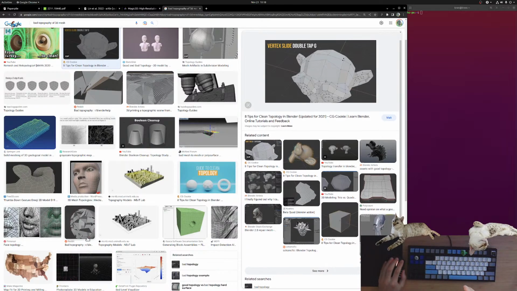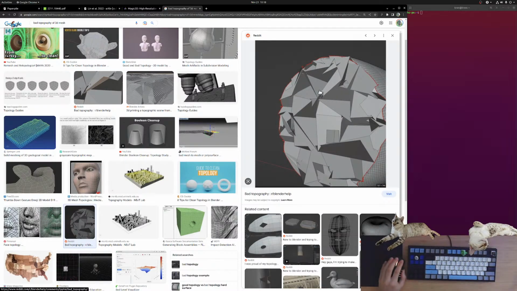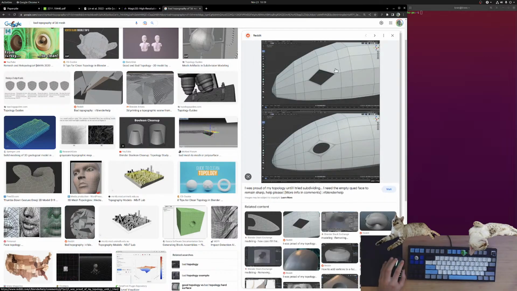This is a really good example of really bad topography, where the relative angles of these faces to each other are terrible. Versus something like this, much better topography. The angles between these faces are a lot smoother, and you end up with a much smoother mesh.